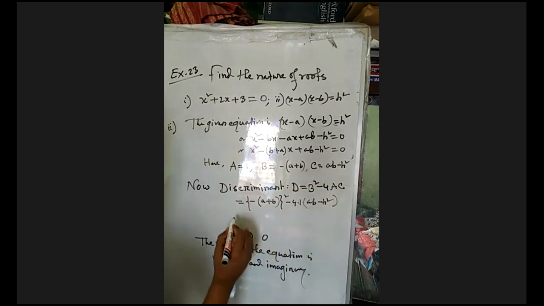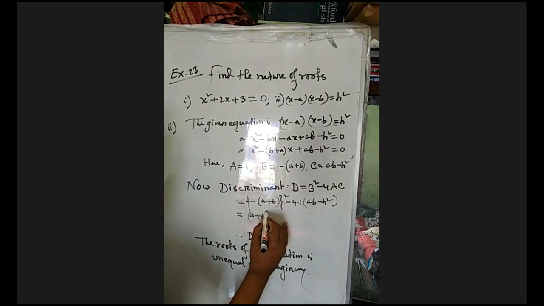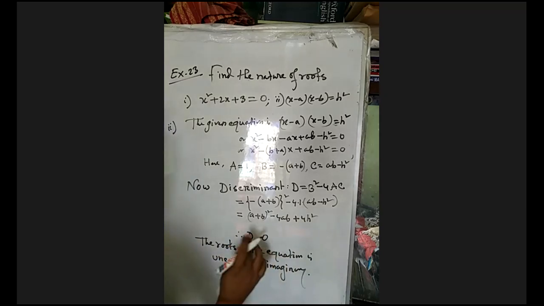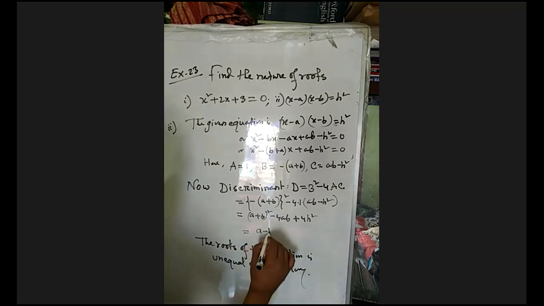Okay. Now this can be written as a plus b whole square minus 4ab plus 4a square. So this can be written as a plus b whole square minus 4ab, formula, what? A minus b whole square. This is the corollary. Okay.